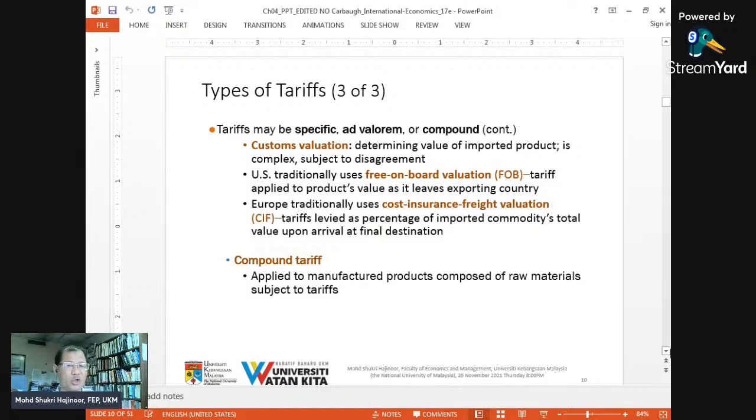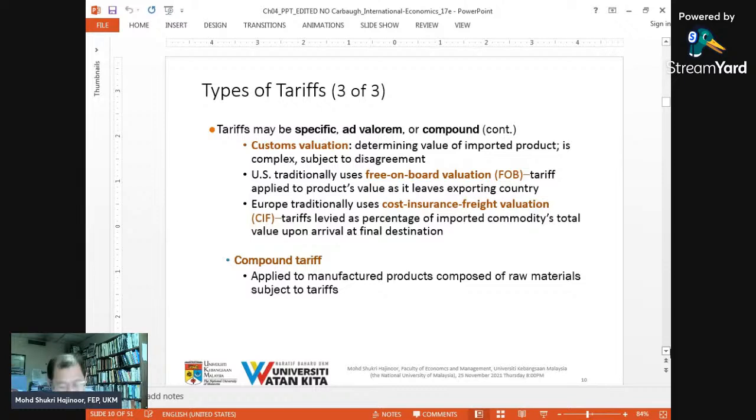The last type of tariff is the compound tariff, applied to manufactured products composed of raw materials subject to tariffs. A compound tariff has a combination of tariffs. For example, say the first 1,000 units you can import at 15%. This is just an example, okay?